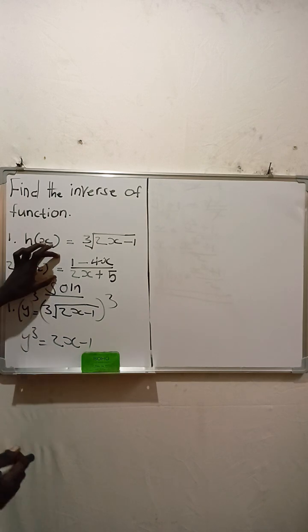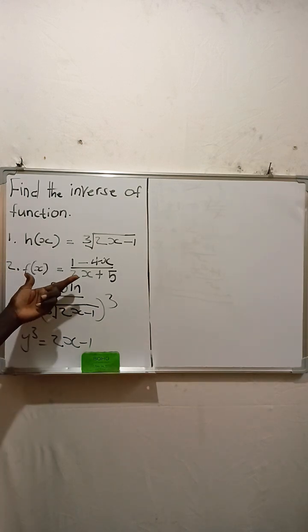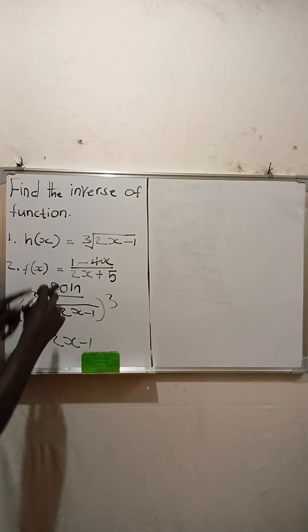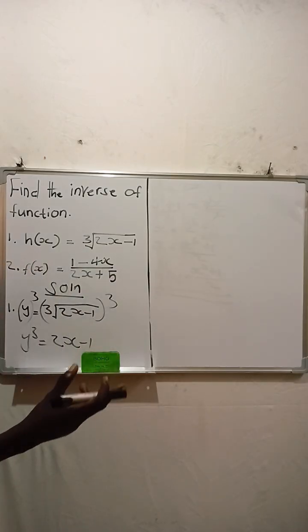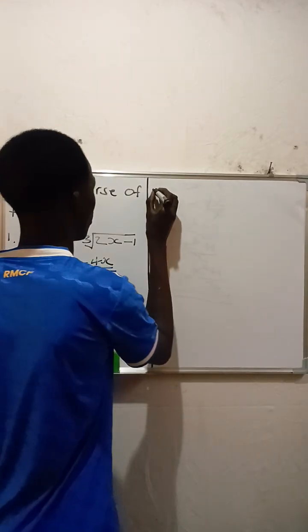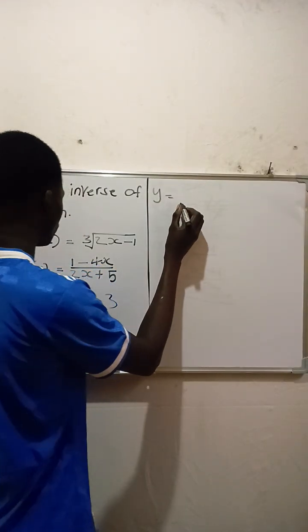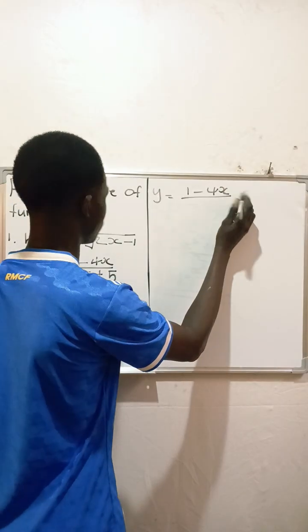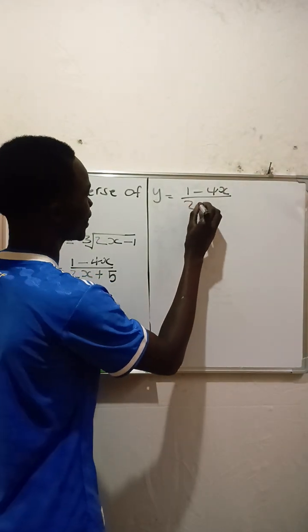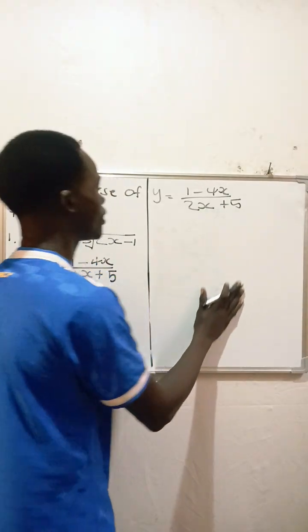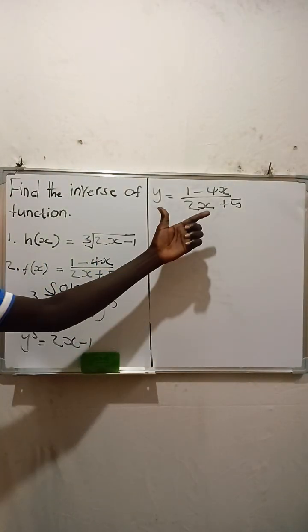What we are going to do in this number 2 is the same. Let the whole equation be y. So y is equal to 1 minus 4x all over 2x plus 5. Now let us make x the subject.